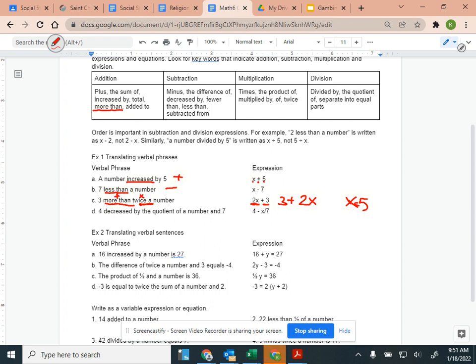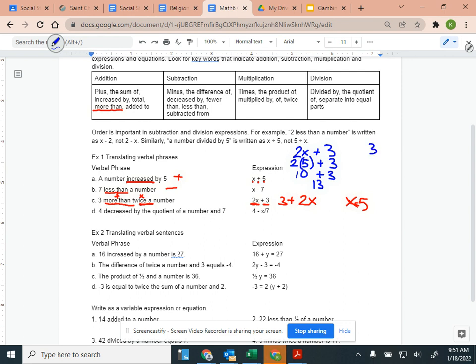Let's check and see. 2x plus 3 would be 2 times 5 plus 3. 2 times 5 is 10. Plus 3 gets us 13.